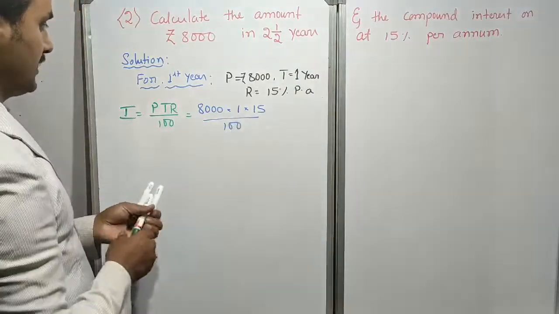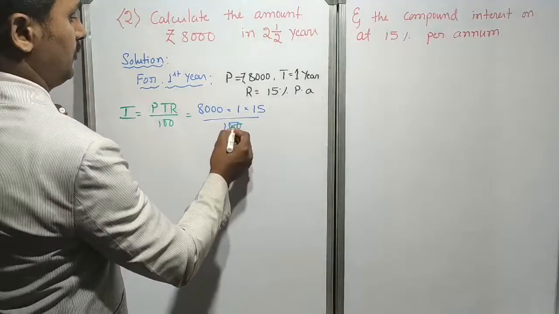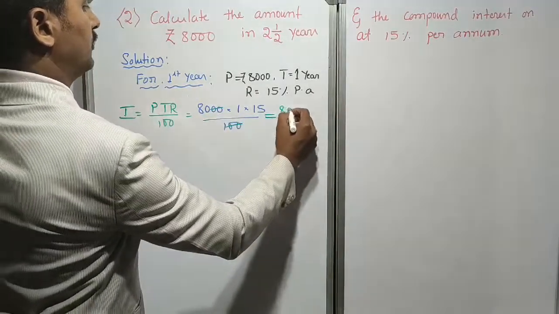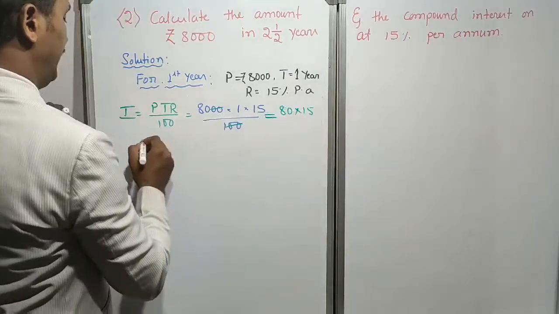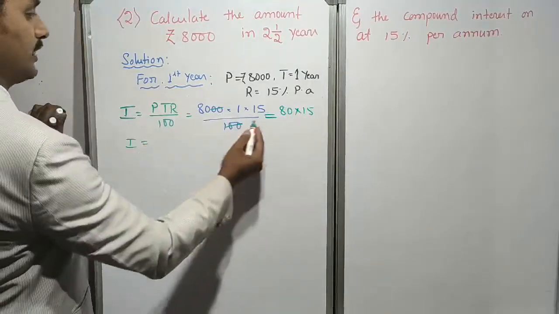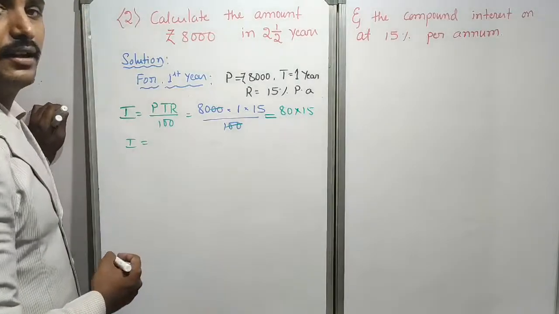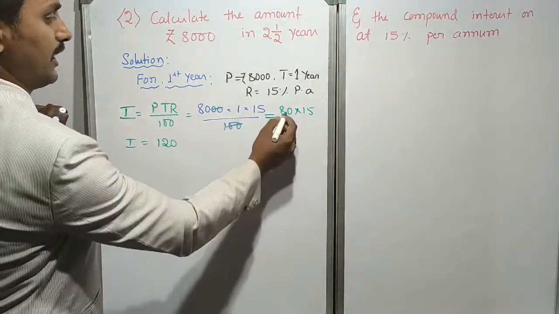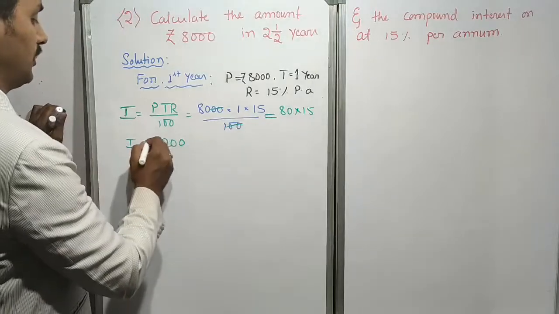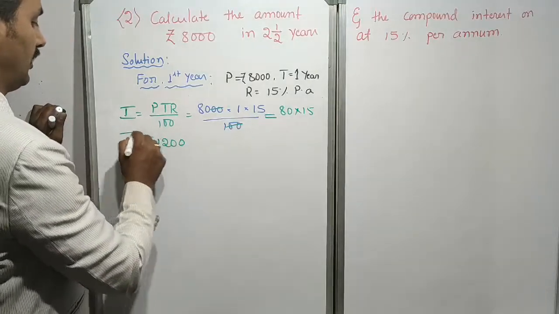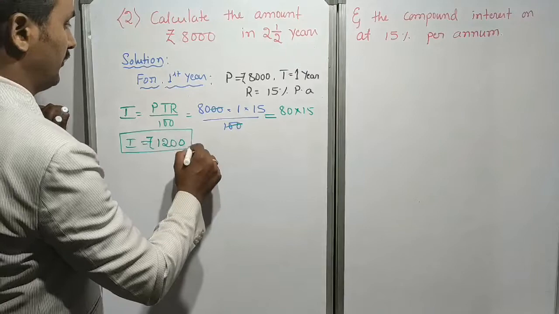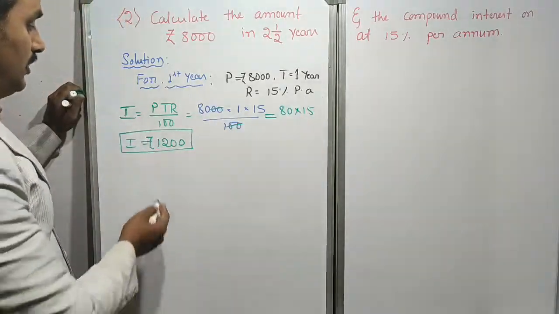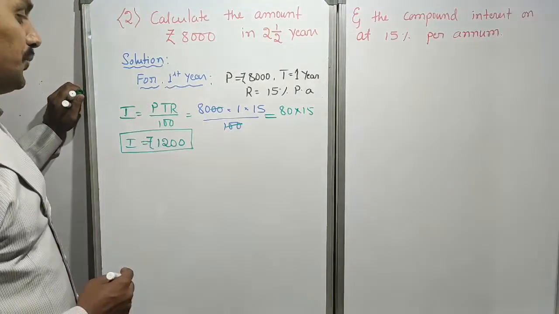Simplification, dear children. What is next step? See, 20 and 20 cancel, then remaining 80 into 15 will come. Then interest is equal to, 15 8s are 120, then 120 10s as it is, means 1,200. The interest amount for 1 year for 8,000 at the rate of interest 15% per annum became 1,200.